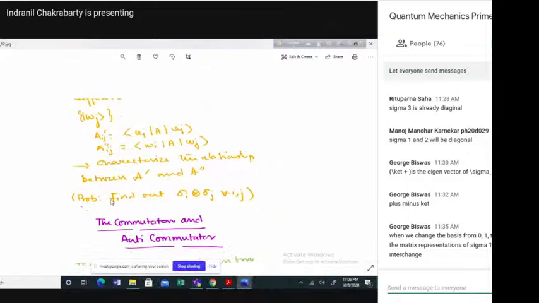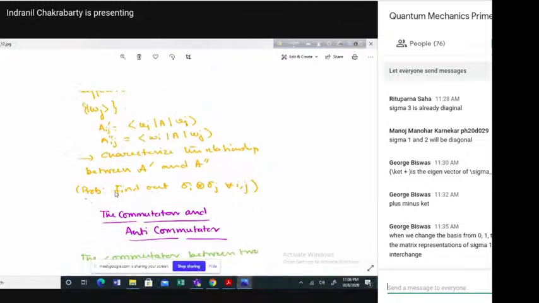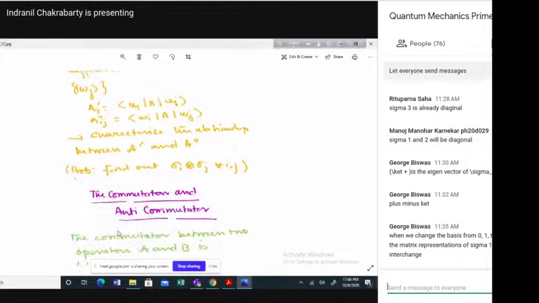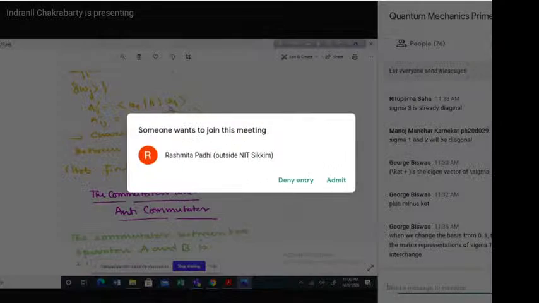So A' and A'' are the matrix representations of the operator A in two different bases, Vi and Wj. A'ij is equal to Vi A Vj. So the ijth element of the matrix representation with respect to Vi is A'ij, and it is given as Vi A Vj.